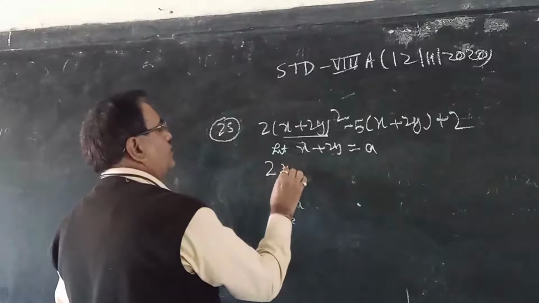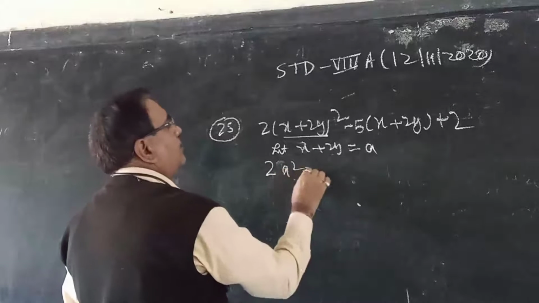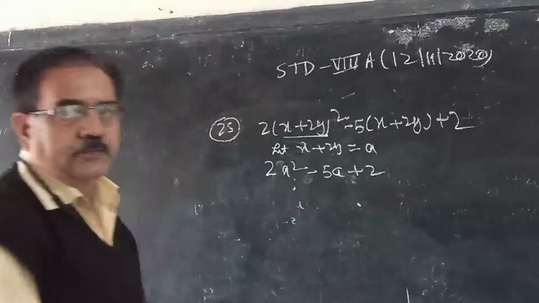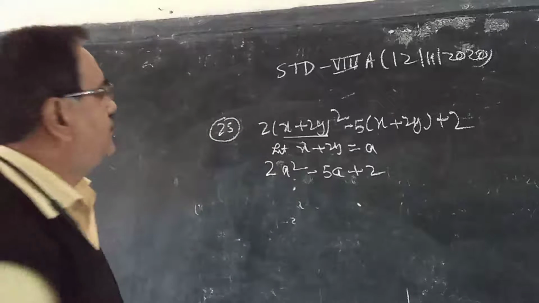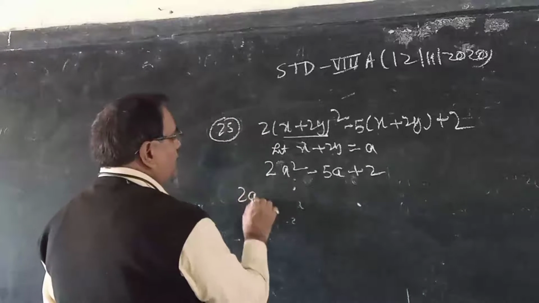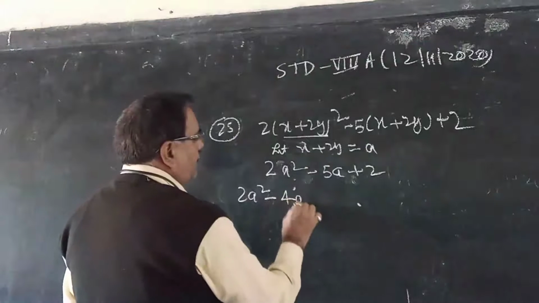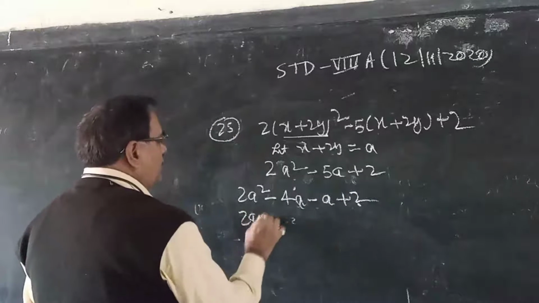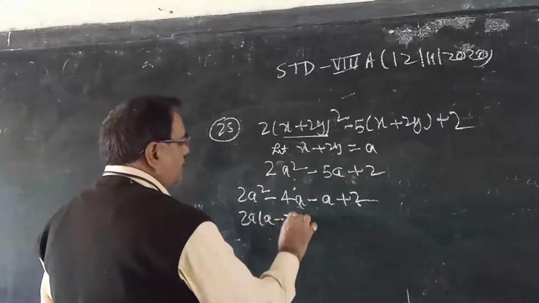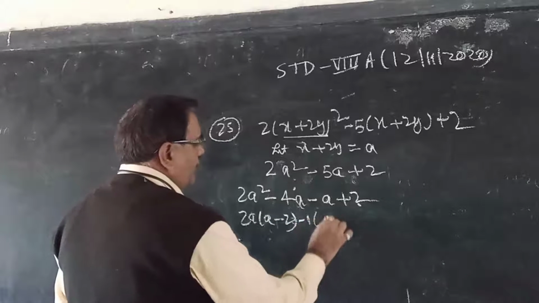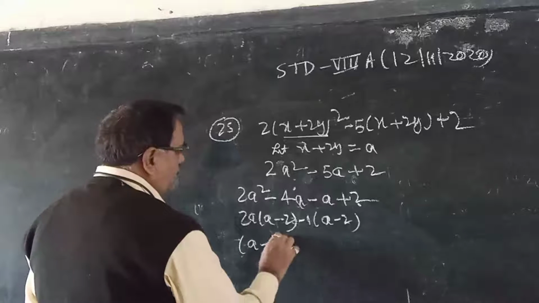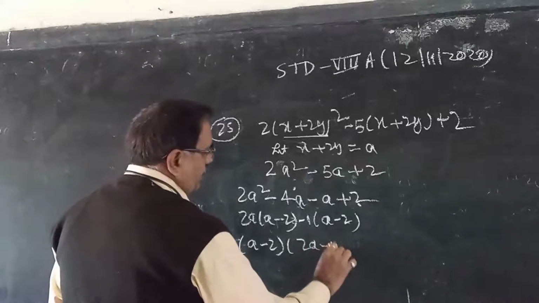Then this becomes 2a squared minus 5a plus 2. Okay. Split the middle term. So 2a squared minus 4a minus a plus 2. 2a common, (a minus 2), minus 1 common, (a minus 2). On the whole, (a minus 2) and (2a minus 1).